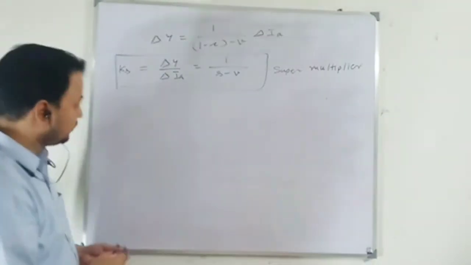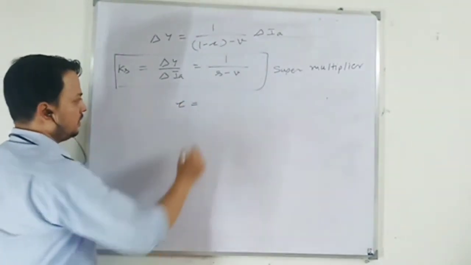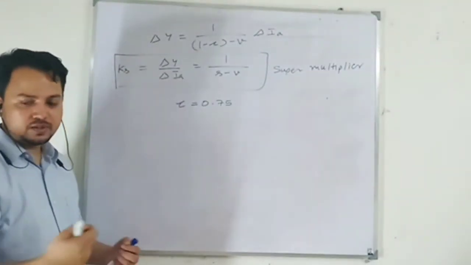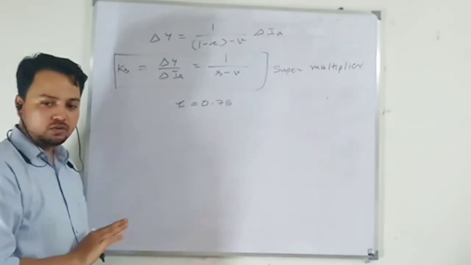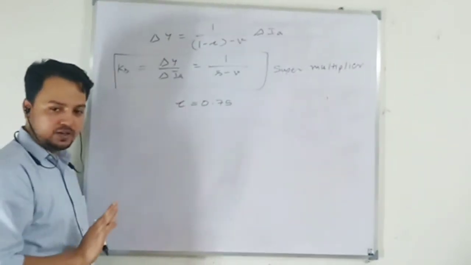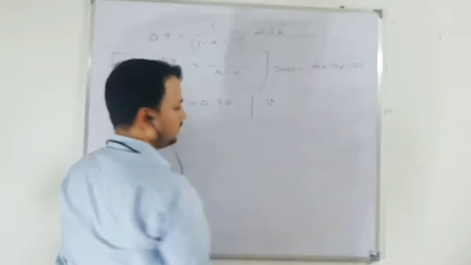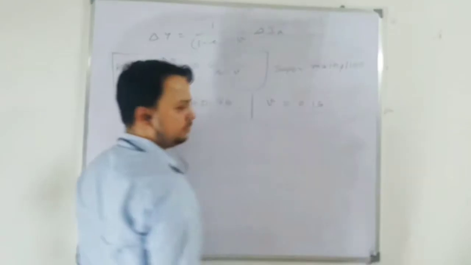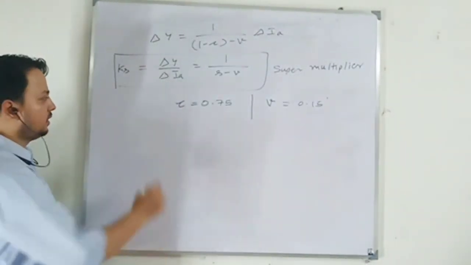Suppose your MPC is 0.75. 75% of your income you are spending on consumption, given your autonomous consumption. And the accelerator is say 15%, 0.15. Then what is the value of the super multiplier?